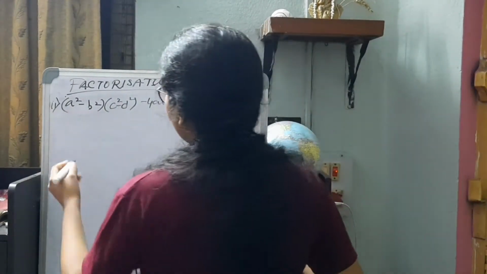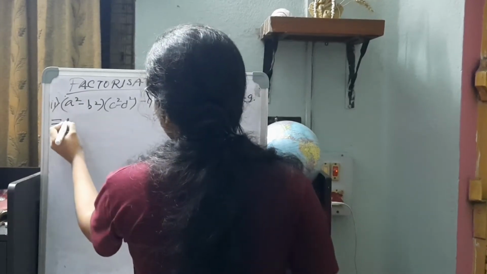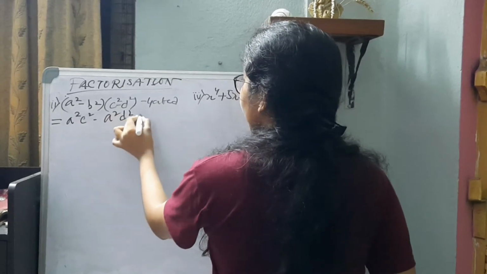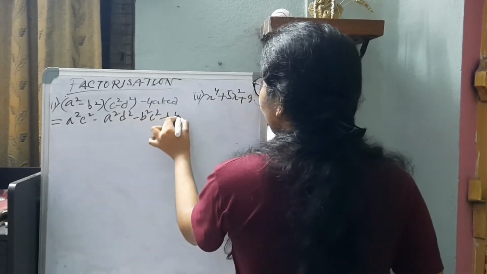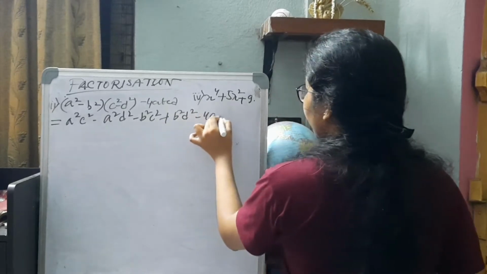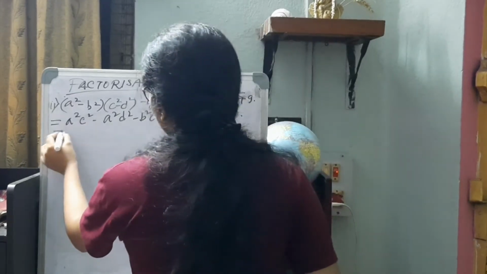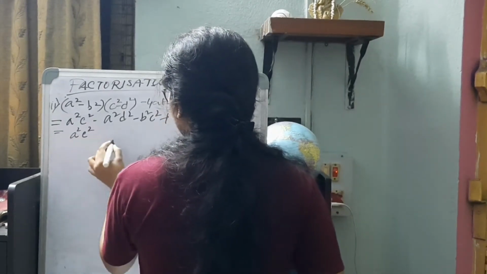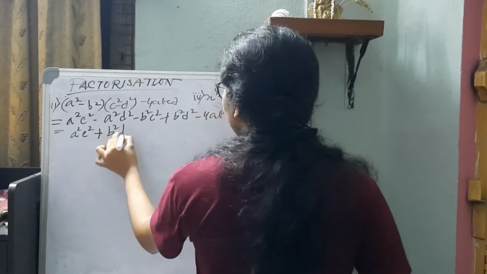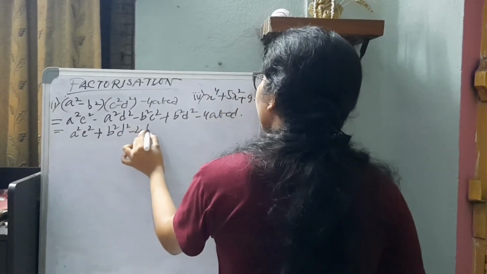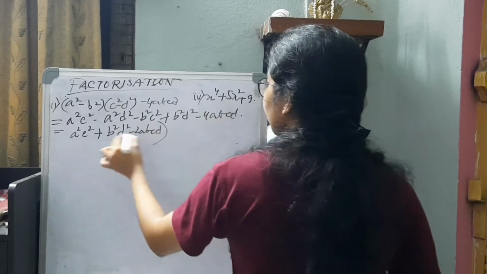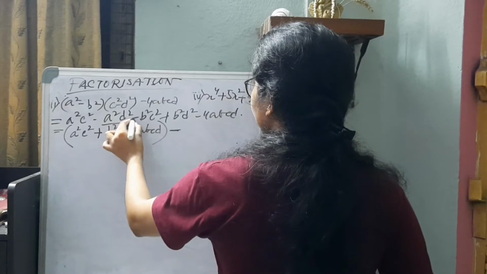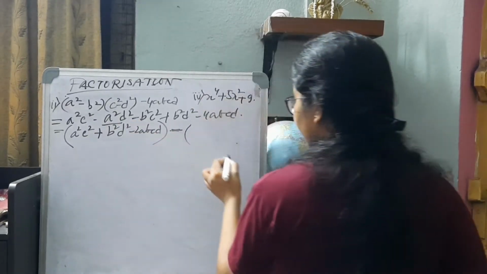Okay. So first of all, if you multiply them, I get a square c square minus a square d square minus b square c square plus b square d square minus 4abcd. So if I take only the a square c square plus b square d square part, minus 2abcd, and minus of a square d square plus b square c square, because a square part with a minus means there has to be a minus overall to both of them.